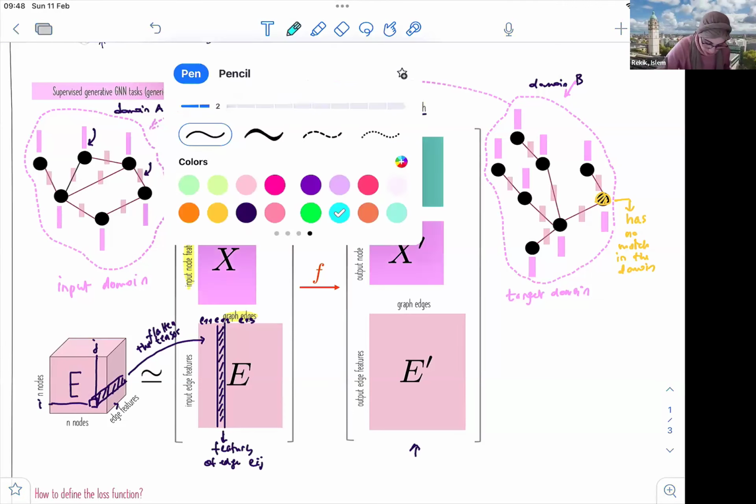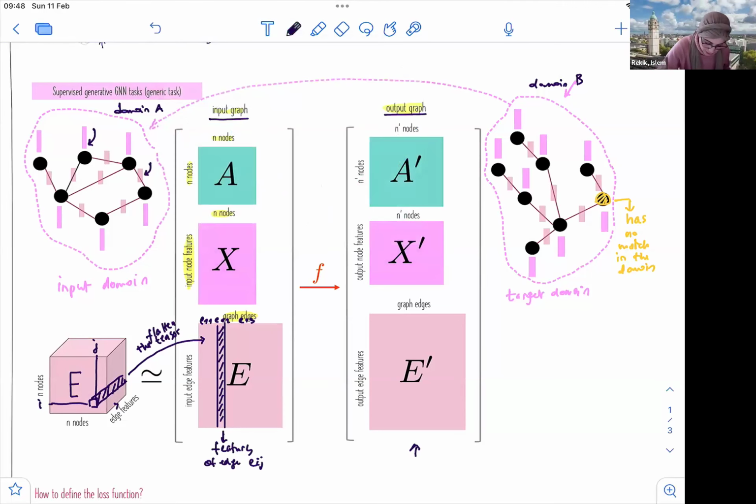Given all of these three elements, ideally a graph with all the annotations, we want to predict the target graph with n prime nodes and also a different dimension. The dimension here could be different, okay? So we may have more or fewer features in the target graph. And then we may also have a varying size or a different number of edge features for the target graph G prime.